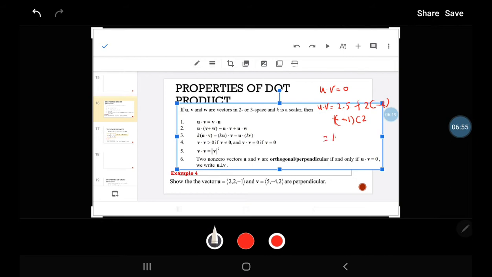So the answer is 10 minus 8 minus 2, which is 0. So these two vectors are perpendicular.